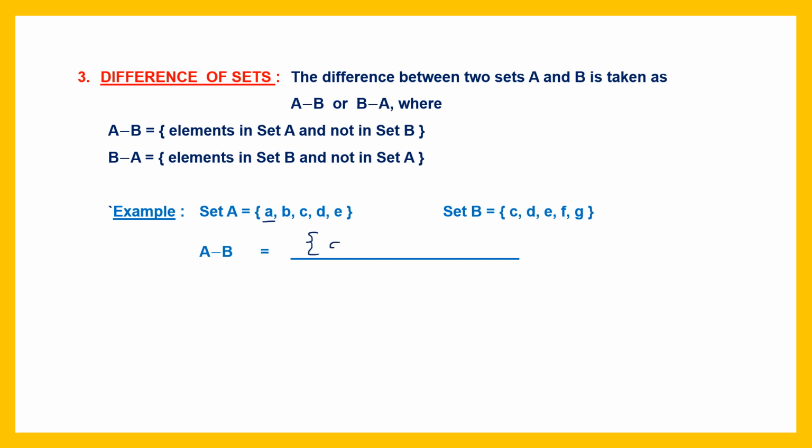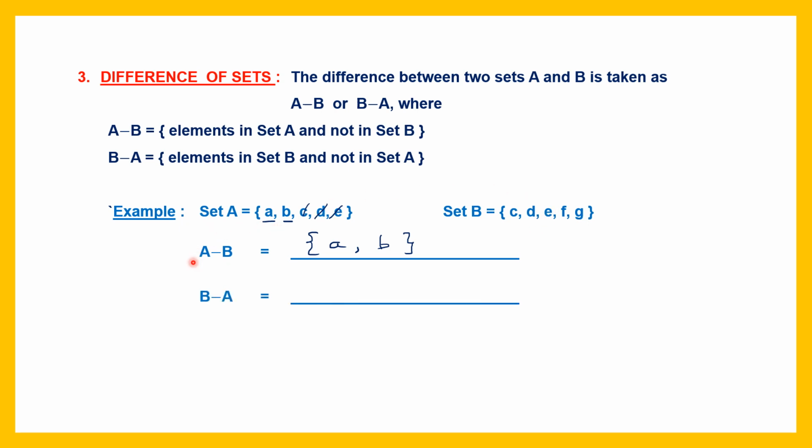Then, so that's A. Then B is also not there in set B, so we can write that. Now C is there, we cannot write. D is there, we cannot write. And E also we cannot write. So A minus B will be only A and B. So what have we written? We've written all the elements of set A which are not there in set B.